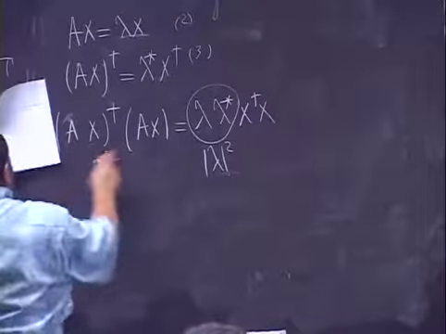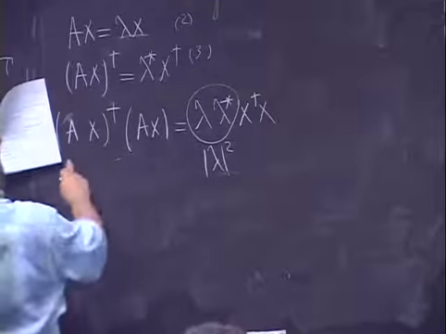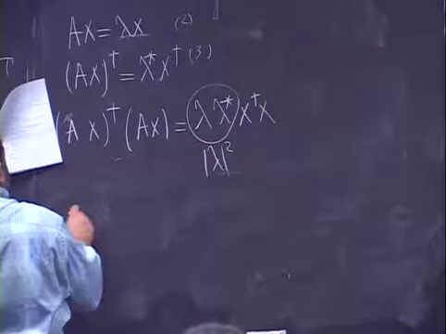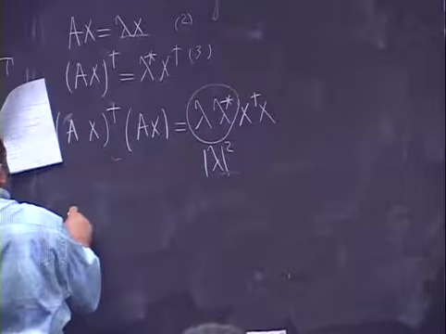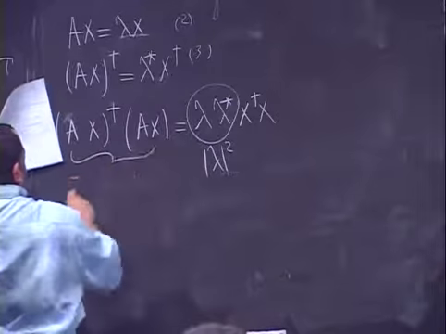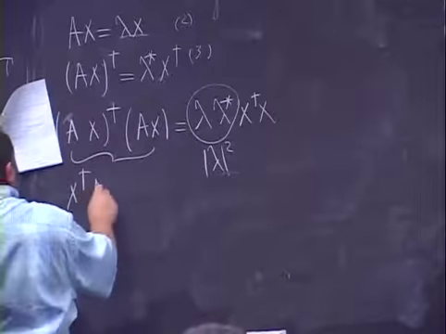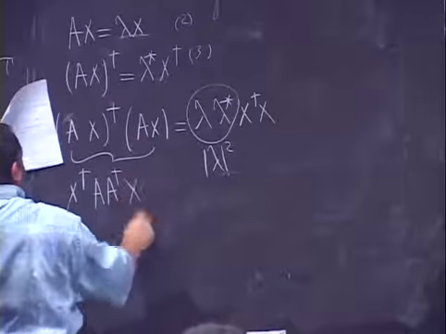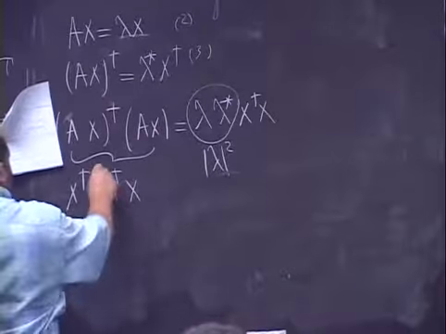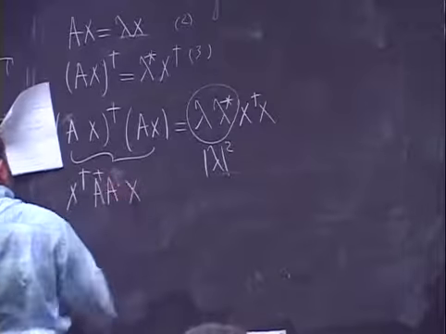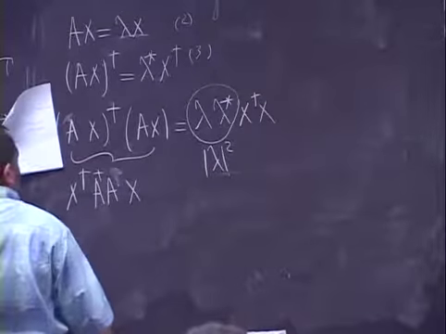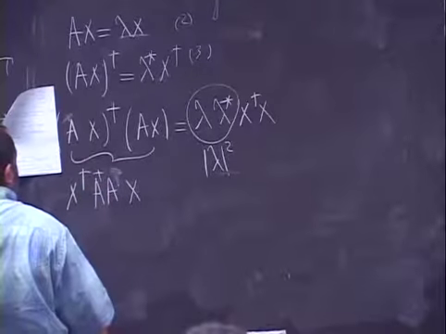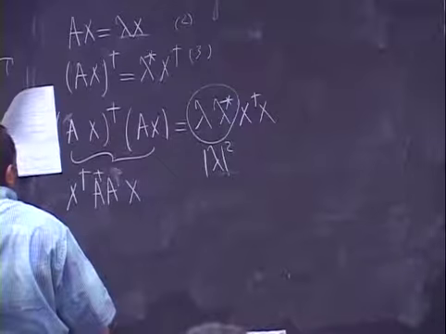And now I can take this, and if I multiply both, this will give me X adjoint A adjoint multiplied by X. So what's A adjoint for a unitary matrix?